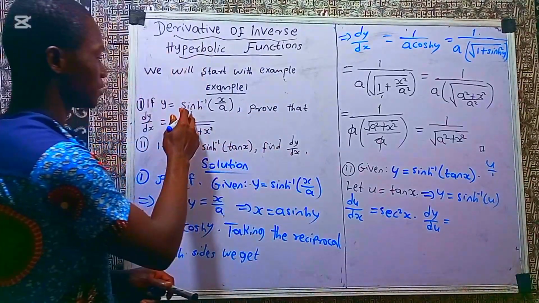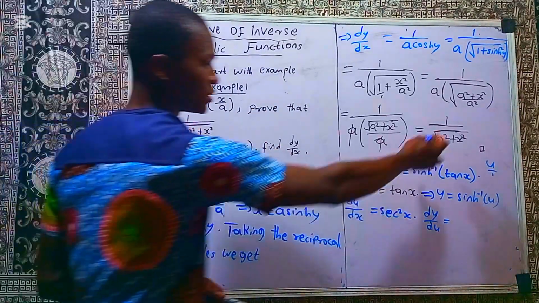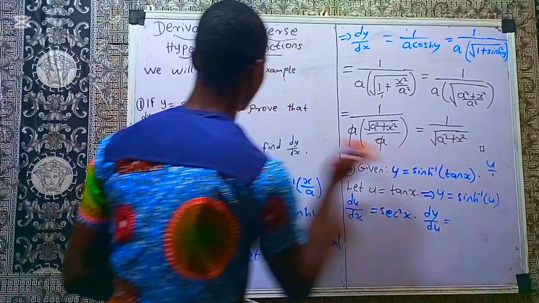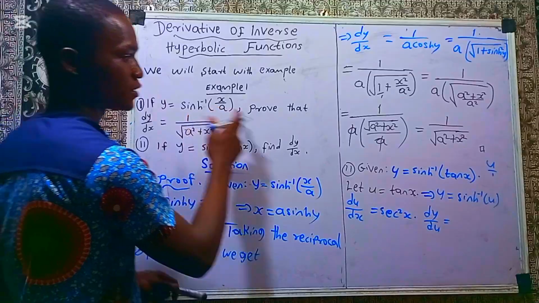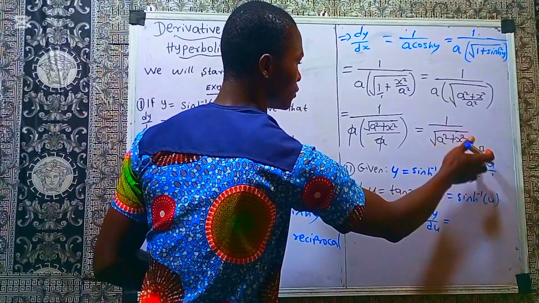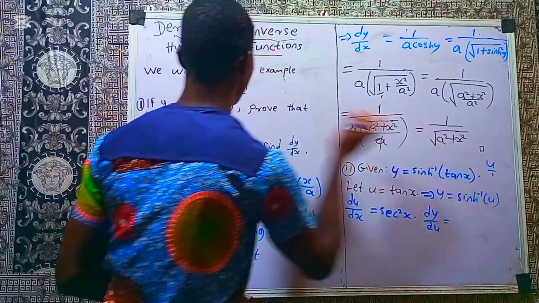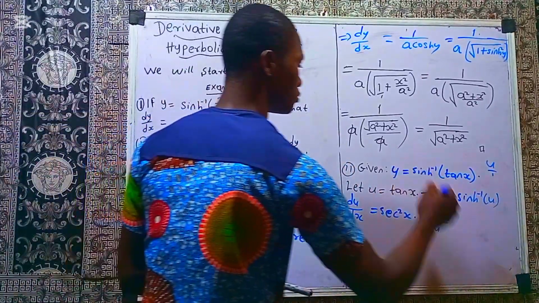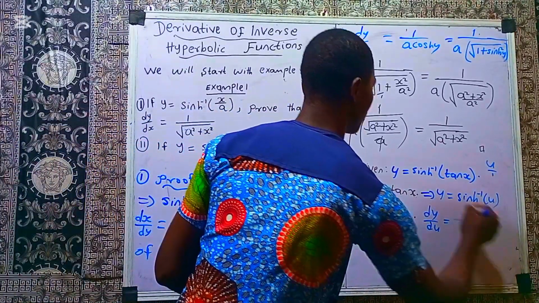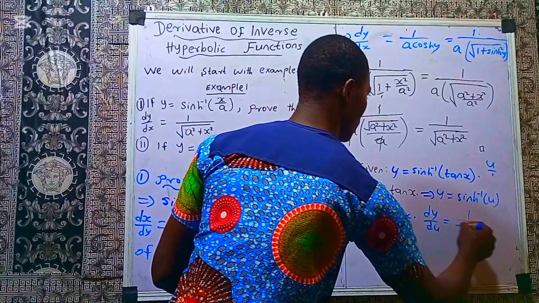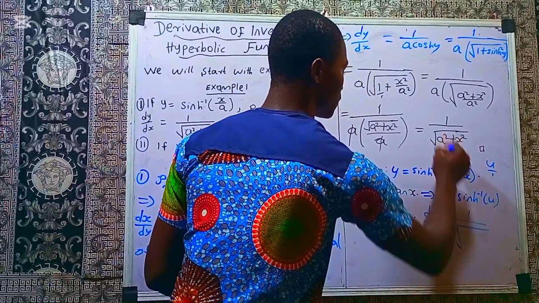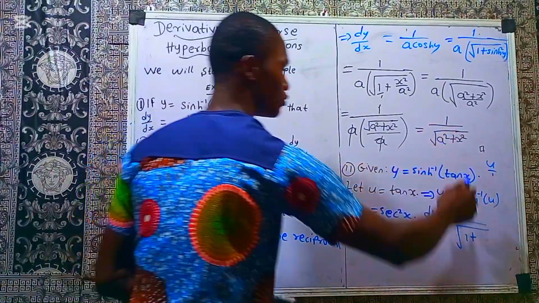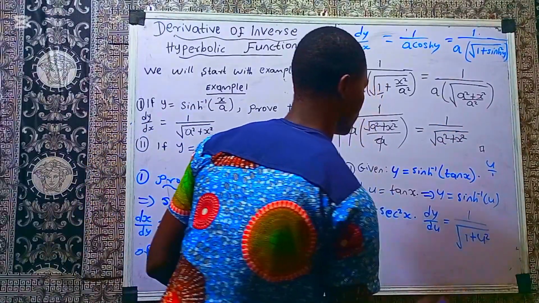So you come here and replace it. That's this result we got here. Replace a with 1 because our a here is 1. Replace x with u because our x here is this u here, right? So you do that. So this is 1 over square root of 1 squared, which is 1, plus u squared.